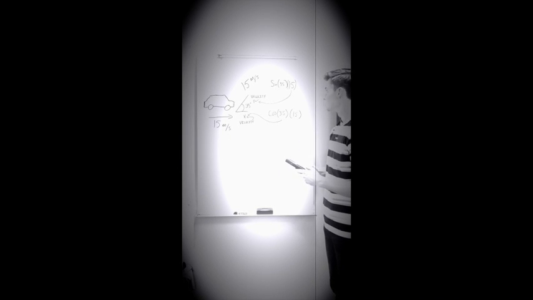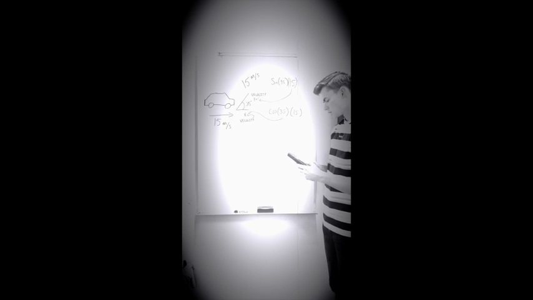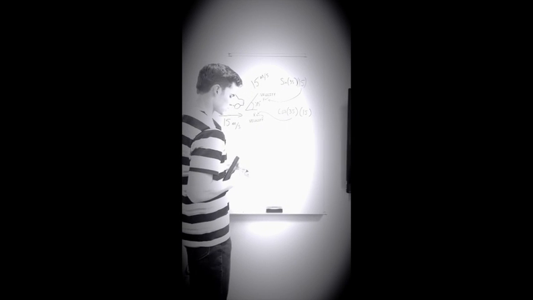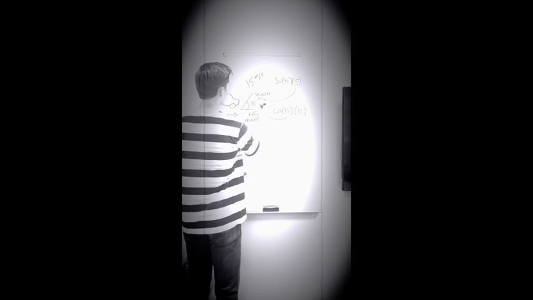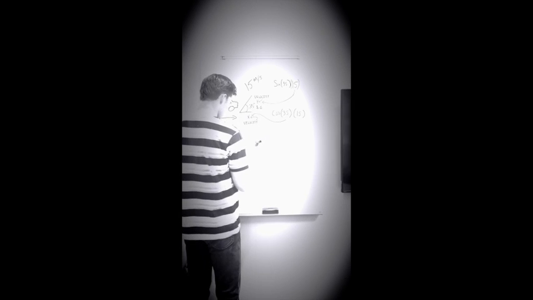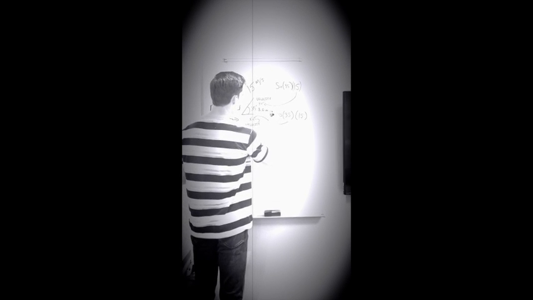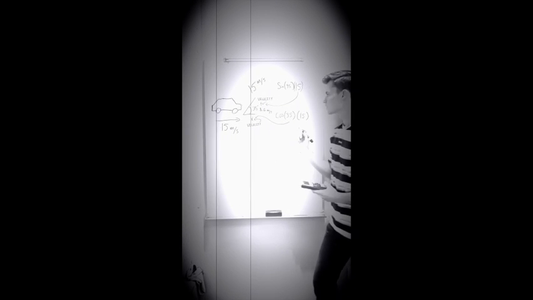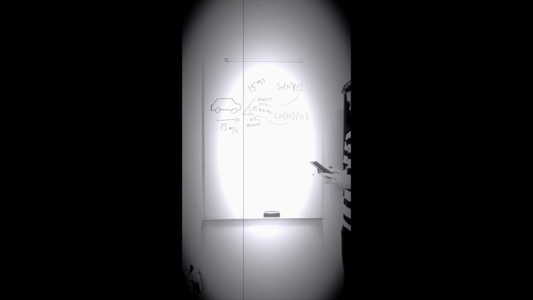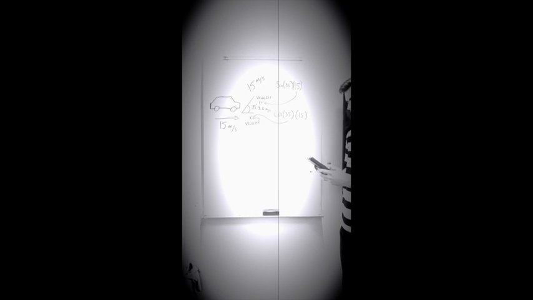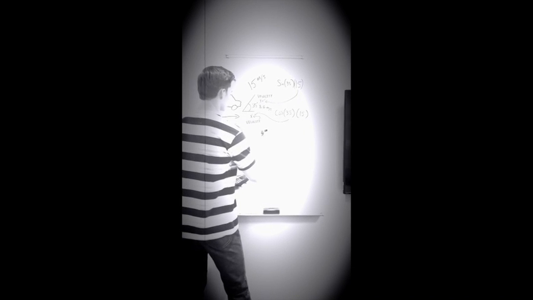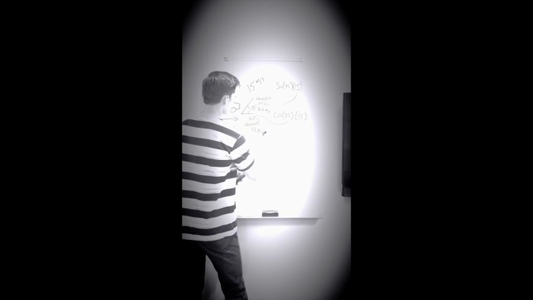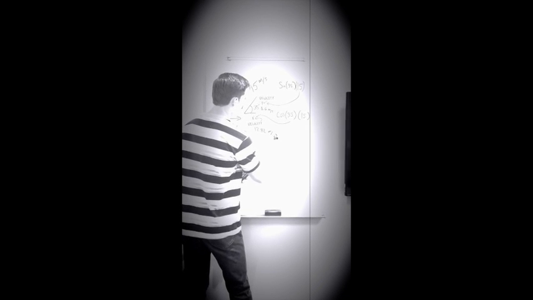Doing that calculation, we're able to find that the y velocity of the car when it left was 8.6 meters a second. Doing the same thing for the x, but using the cosine this time, we calculated that the velocity in the x direction was 12.82 meters a second when the car left.